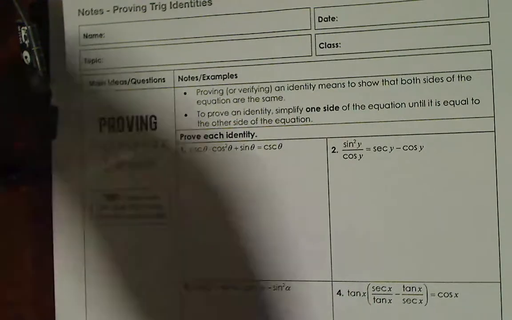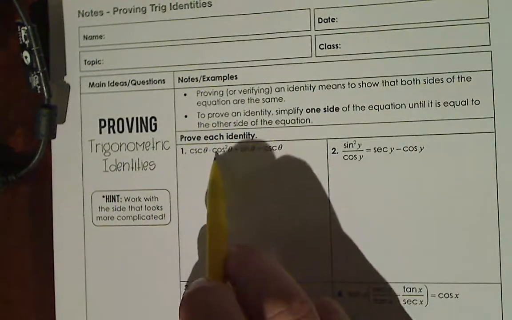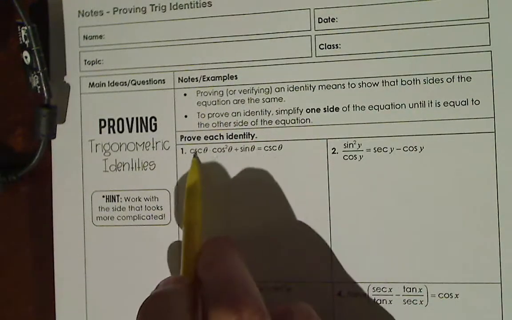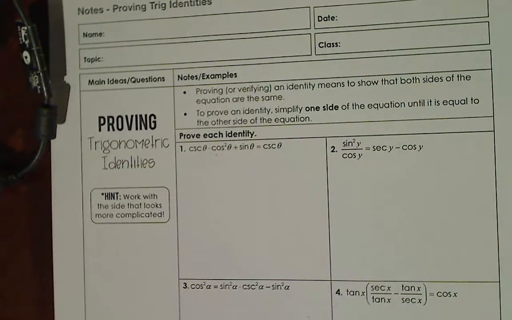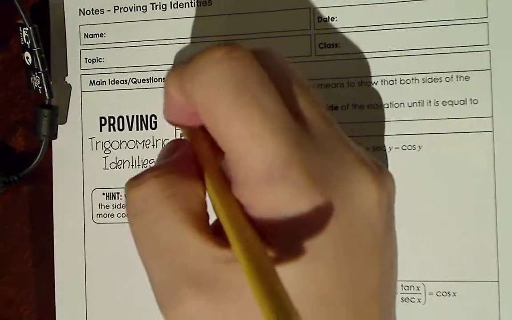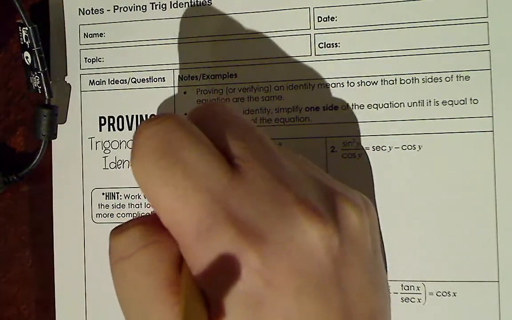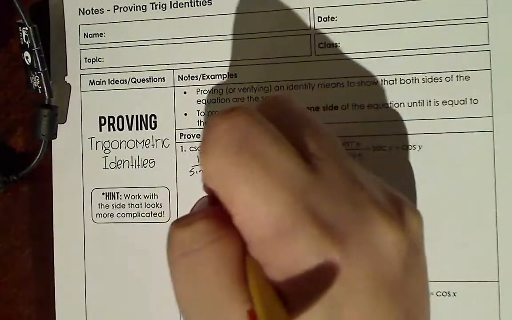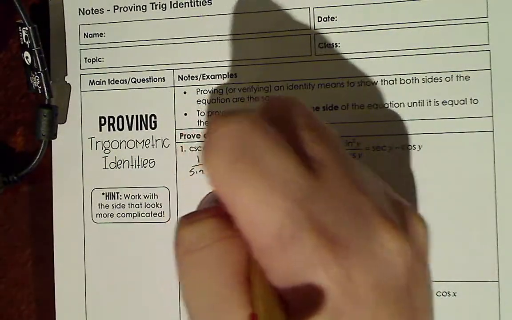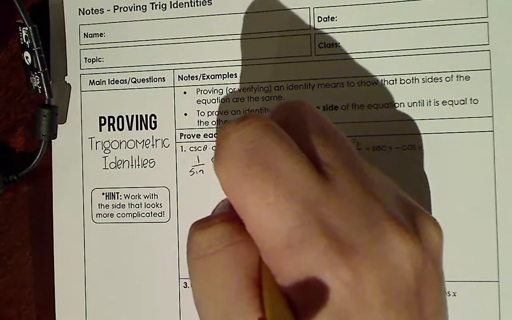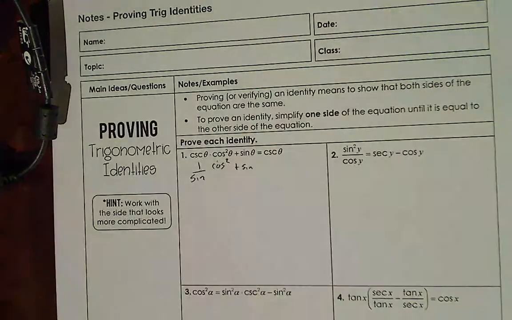Anyway, what I'm going to do first is look at this, and I see a sine, I see a cosine. This cosecant, however, I'm going to change to the reciprocal, 1 over sine. So I'm going to make this become 1 over sine. And understand, I will probably not write every single angle symbol down, just because I'm not used to doing that.